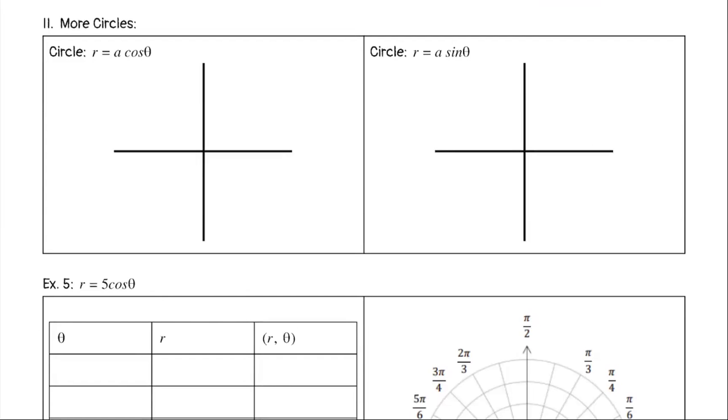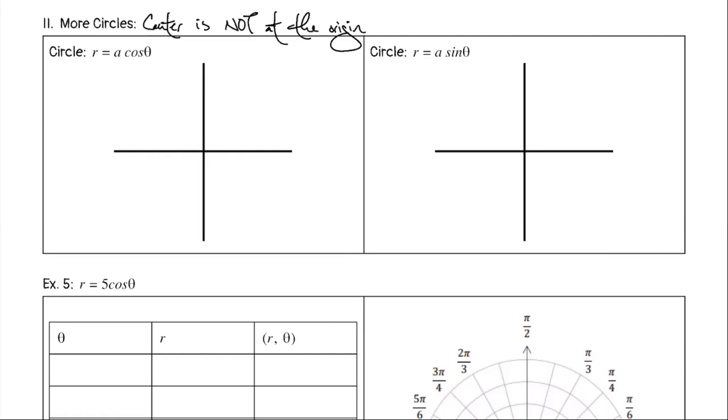And when we see those equations, those are actually going to give us circles, but the center is not at the origin, okay? I'll tell you what these look like, and then we'll go through a table to really convince ourselves that this is indeed what it looks like, okay?